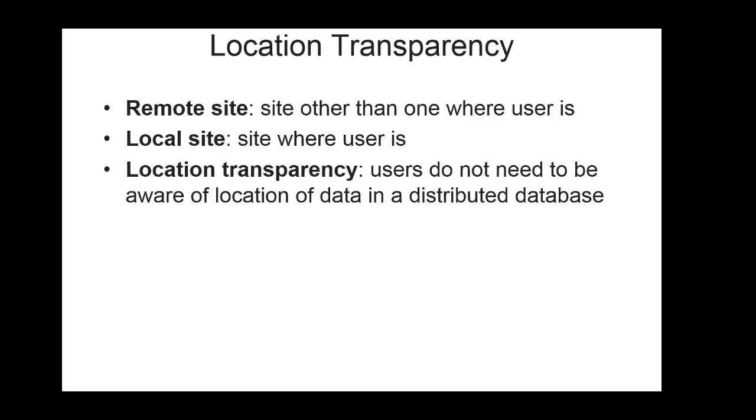We have a remote site, which is a site other than the one where the user is, and then we have our local site, which is where the user is. Location transparency is the characteristic of a database management system that the user doesn't need to be aware of the location of the data in a distributed database.